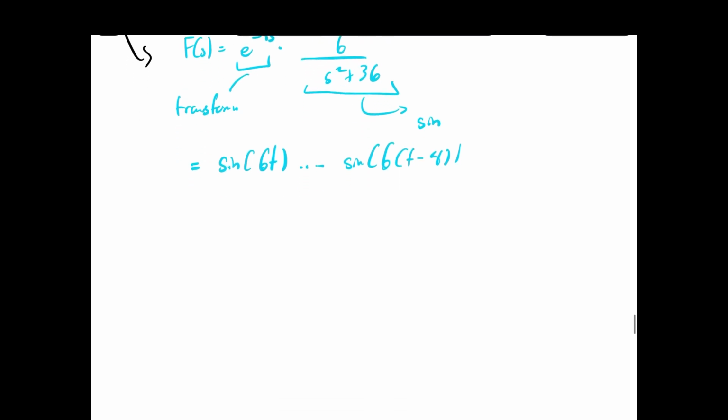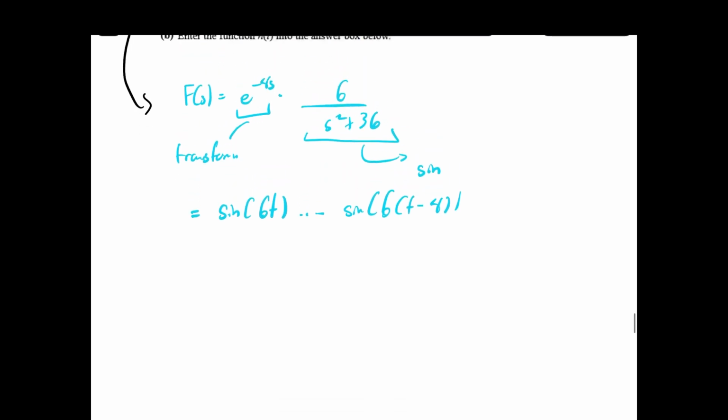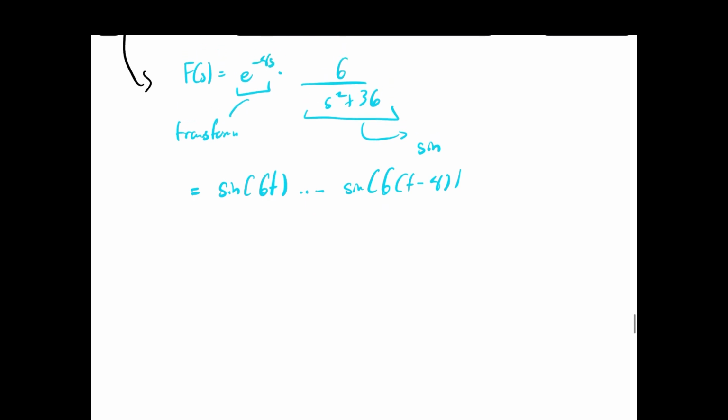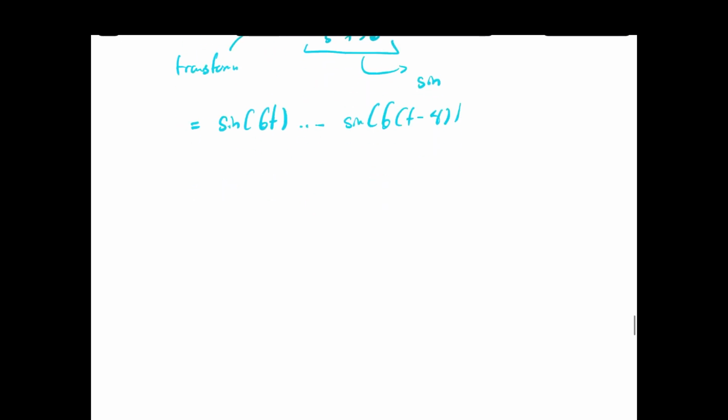That's basically being represented in the form of g at t times u at t minus h. Actually, we did a problem earlier like this. You'll have sine of 6t minus 4 times u at t minus 4. There you go.